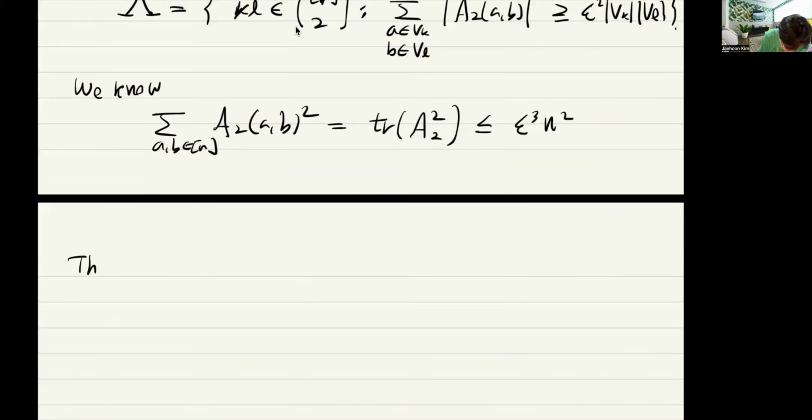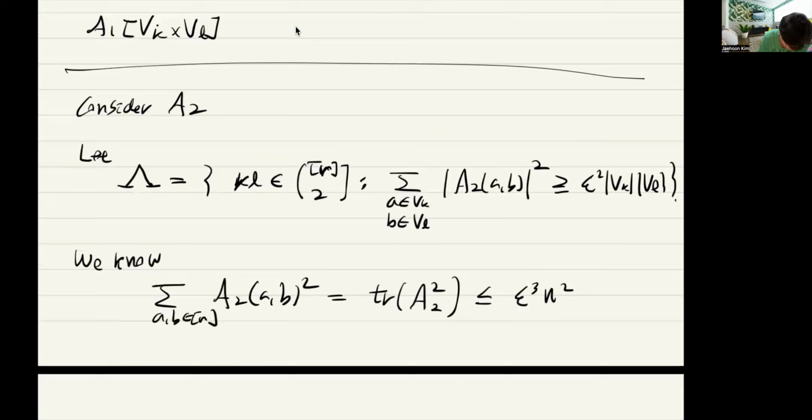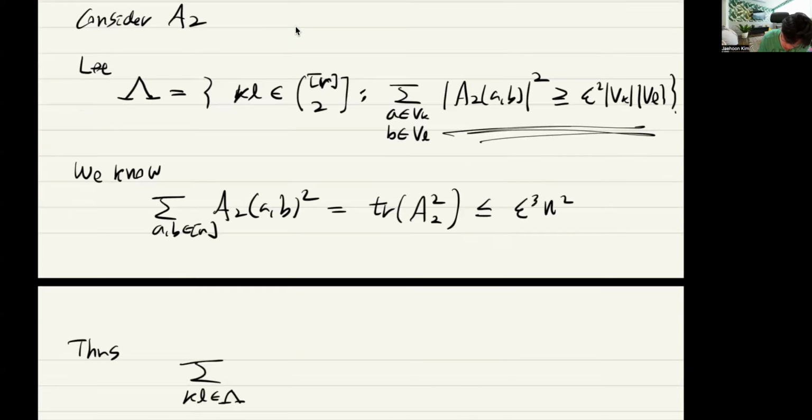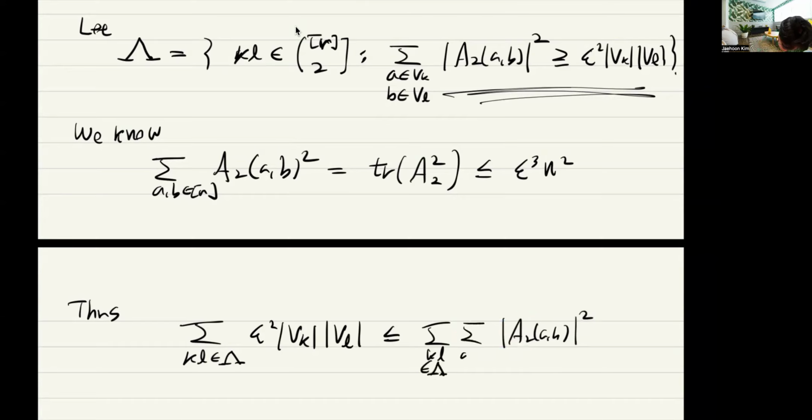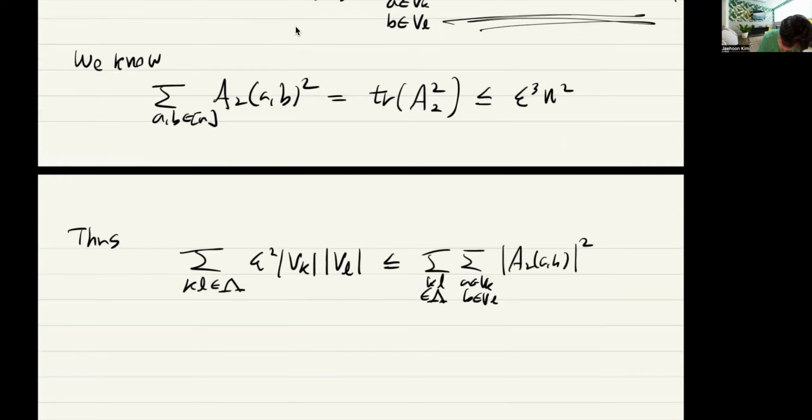Then, what do you know? Then the summation over all kl in this lambda, you add, due to this definition, epsilon square |P_k||P_l|, and that's at most the summation of the coordinate squares for kl in this lambda and A in P_k, B in P_l, and that's at most this one, which is epsilon cubed n squared.